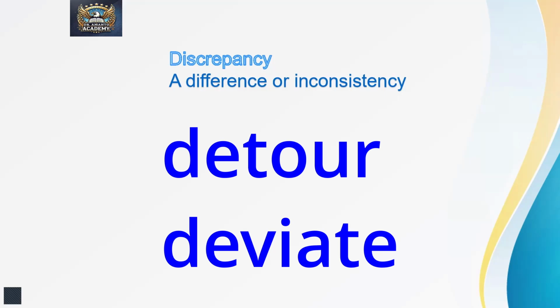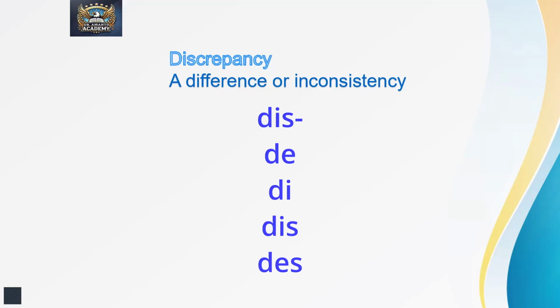And deviate also comes from this. Deviate means going out of the way. So whenever you see this kind of prefix, des, or di, or de, the first thing you have to think of is the negativity of the word.